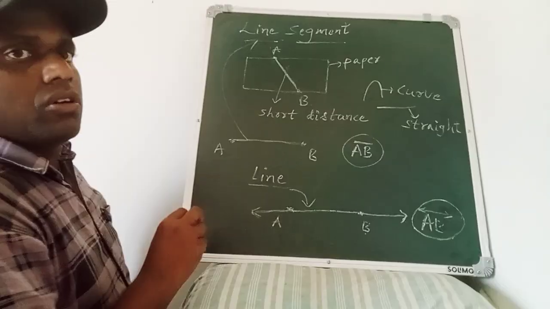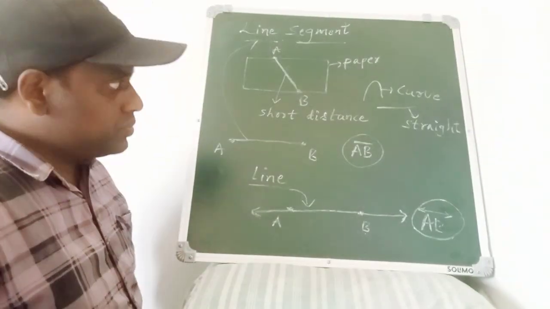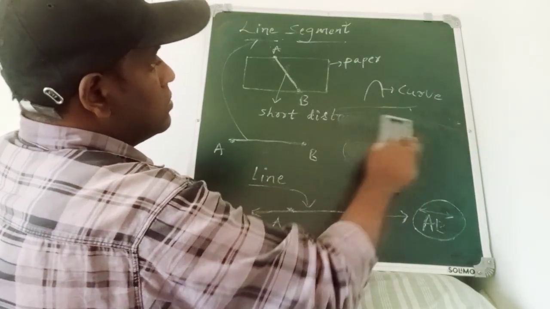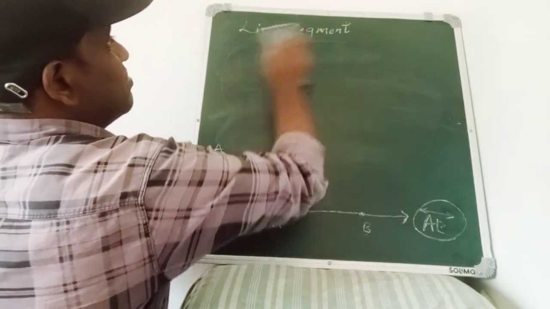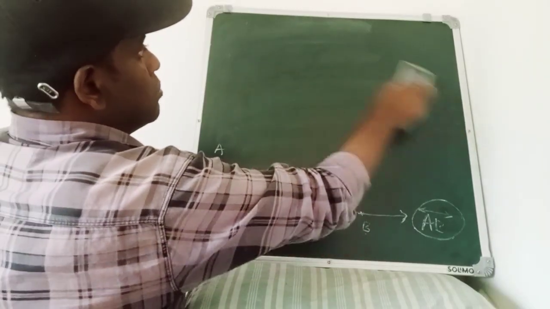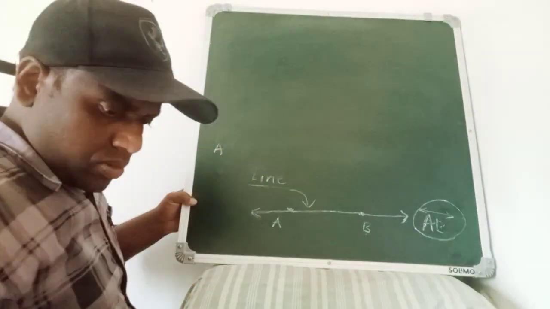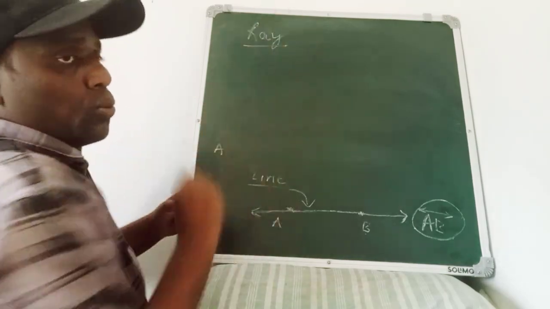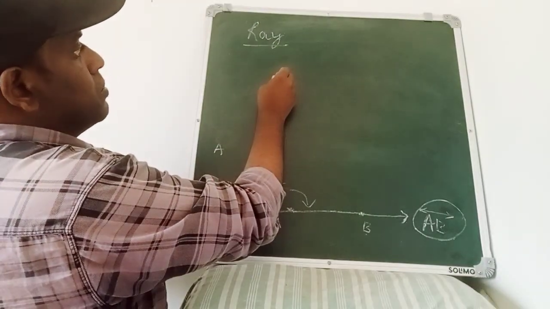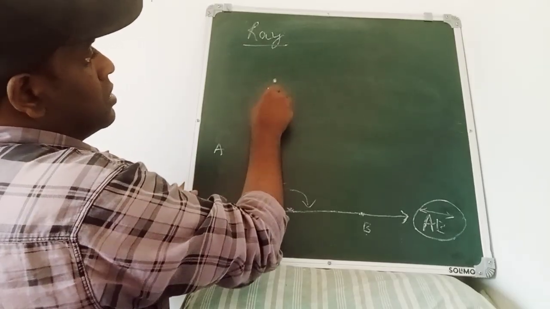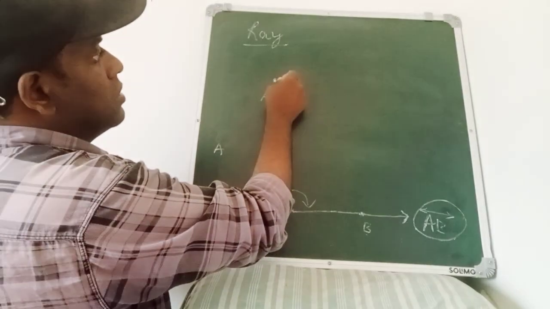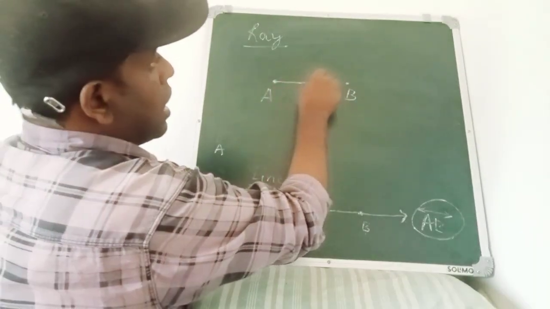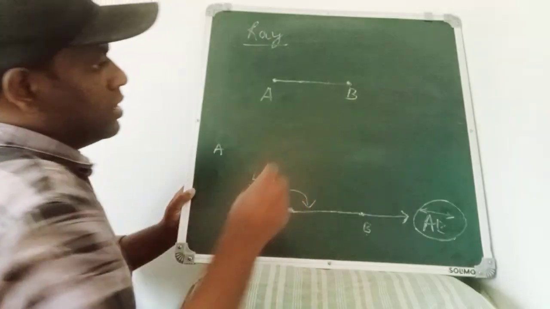Next, one more concept, ray. What is a ray? First I will take one point, point A. I will take another point here, point B, and join them.